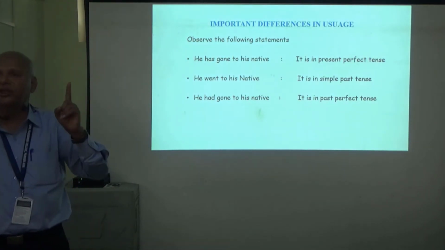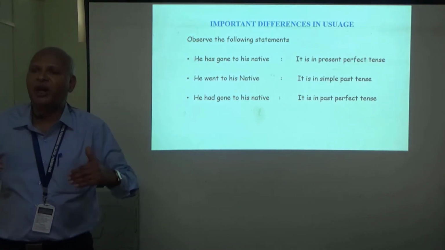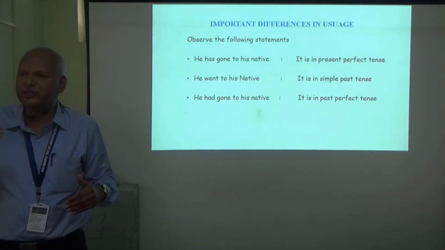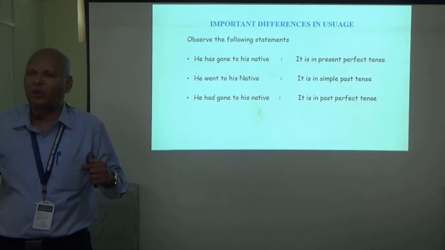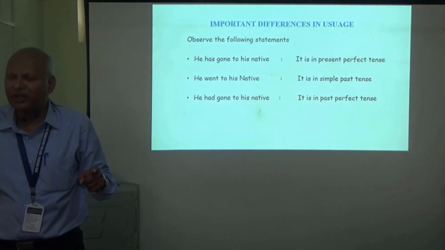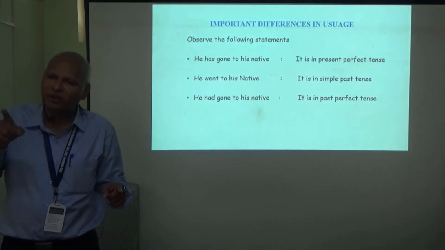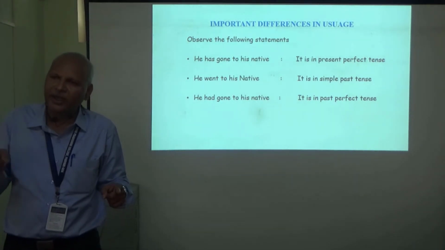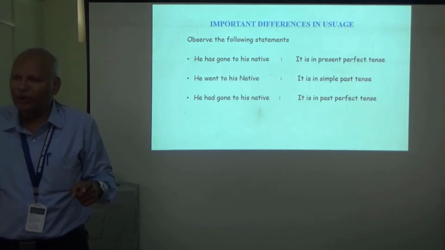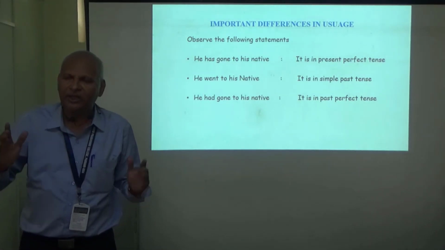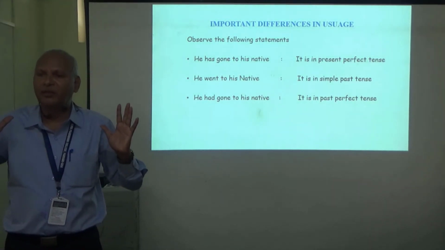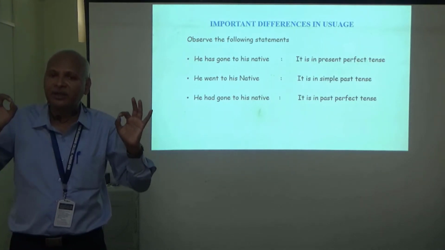Please always keep in mind the usage part. Usage of these statements is very important. First thing, formation. We need to become thorough and perfect in formation, and gradually we need to learn the usage. When each one, under what context, under what references each statement is to be used, then only you become a perfect communicator or perfect writer.